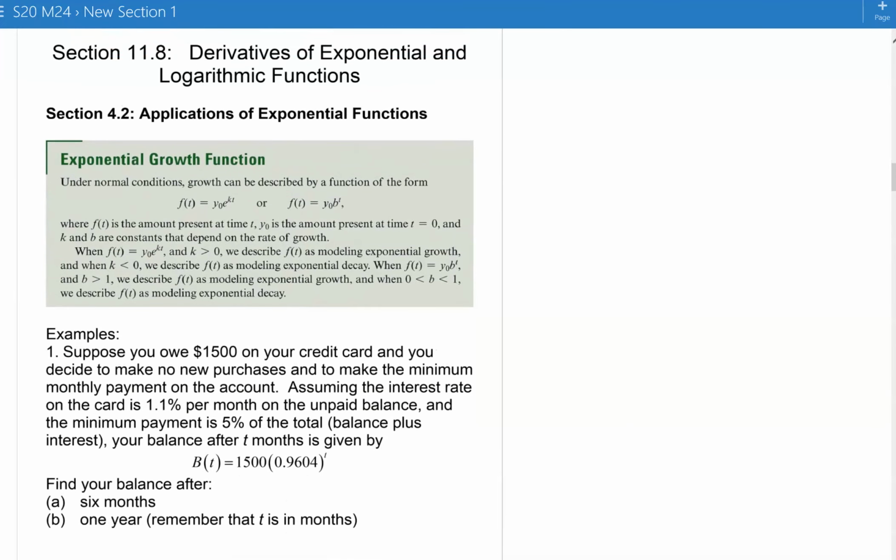So section 4.2 is applications of exponential functions. And there's two ways of expressing them. You can either have y sub 0, the beginning amount, e to the kt, using that number e that we just learned the definition of.